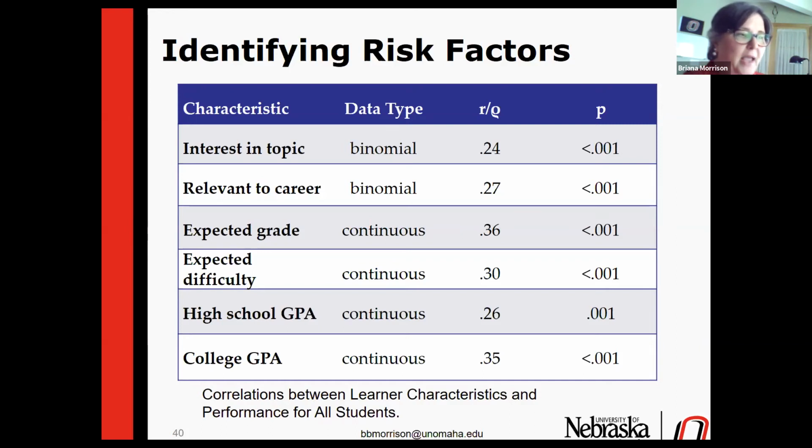This suggests that because there's no covariance between them, the learner characteristics themselves do not account for the variance in exam performance, unlike the SOLO scores. So what we believe is that it's truly the subgoals that are making the difference in what we see in the quiz grades.